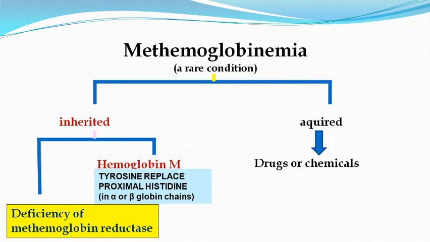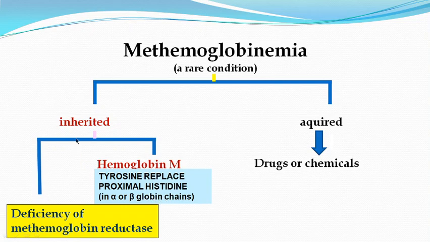Methemoglobin may be inherited or acquired. Acquired is due to drugs or certain chemicals. It may be inherited as in hemoglobin M, in which tyrosine replaces the proximal histidine in either the alpha or beta globin chains.